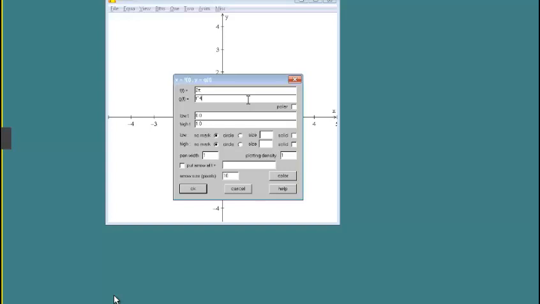plus 1. Now you have to specify what the parameter is. It also asks for the orientation, meaning which way the curve is going. You can put an arrow at t equals 1, and it'll tell you which direction it is going as t increases.